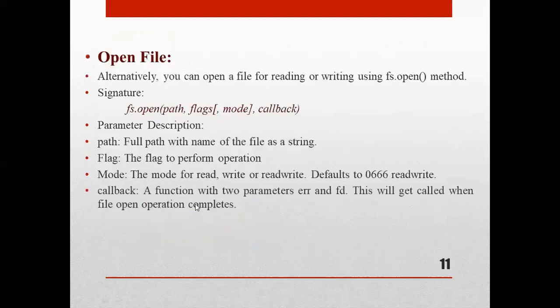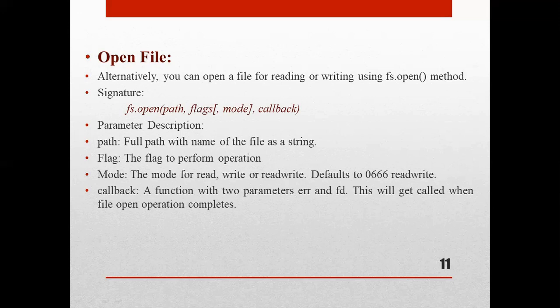Then the next one is open file. If you want to open a file for reading or writing, use the fs.open method. See the syntax for the open file method here: fs.open and parameters path, then flags and mode, and callback. Here path means the full path with the name of the file as a string. Flags means the flag to perform operations.